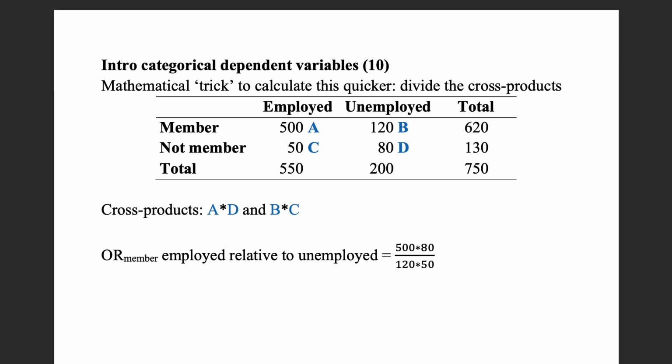So we have two cross products here, 500 times 80, A times D, and 120 times 50, B times C.